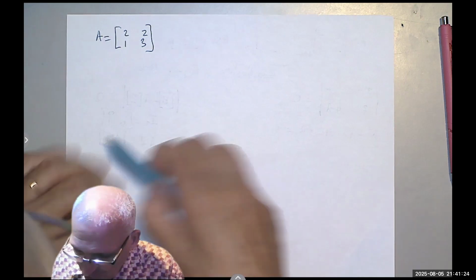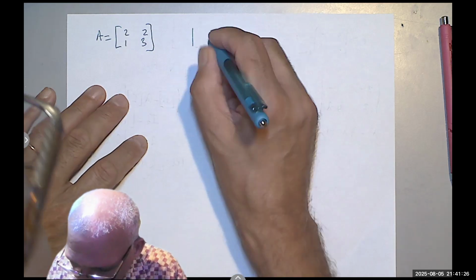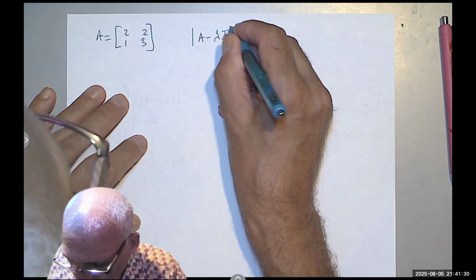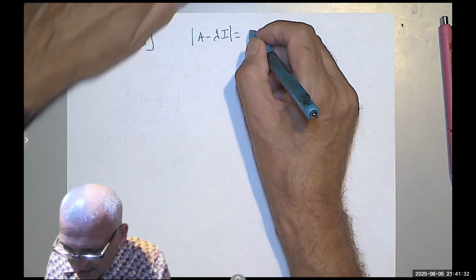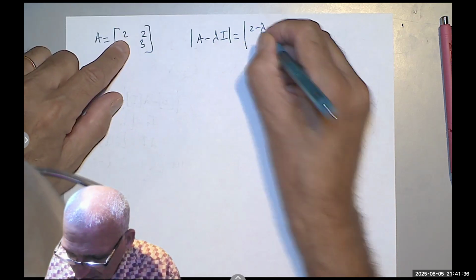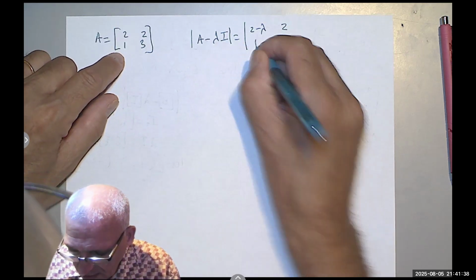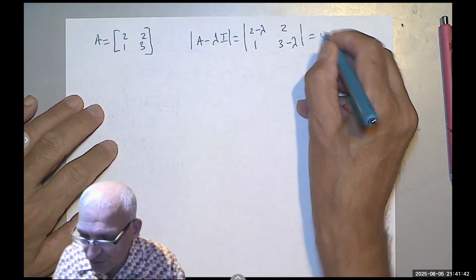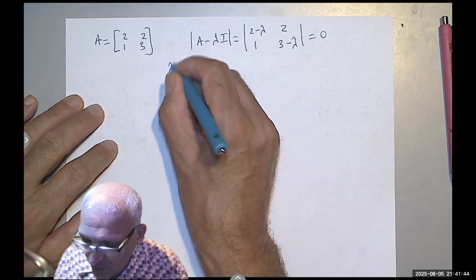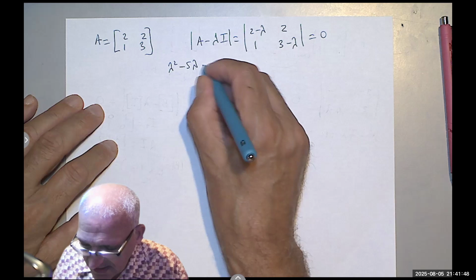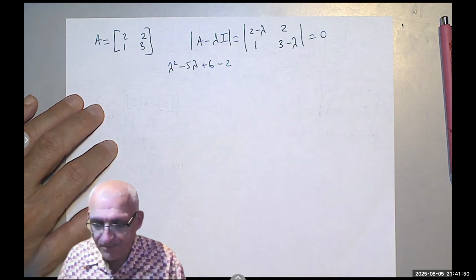So now if I do A minus lambda I, I will get the determinant of 2 minus lambda, 2, 1, 3 minus lambda, right? And equate that to 0. So when I multiply, I will get lambda square minus 5 lambda plus 6 minus 2, right?